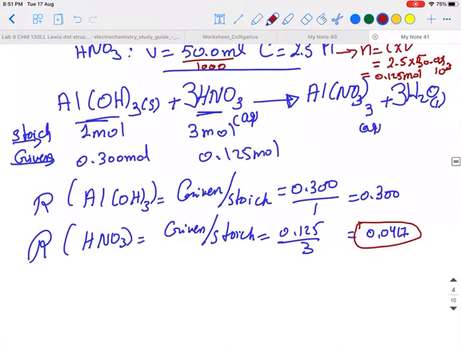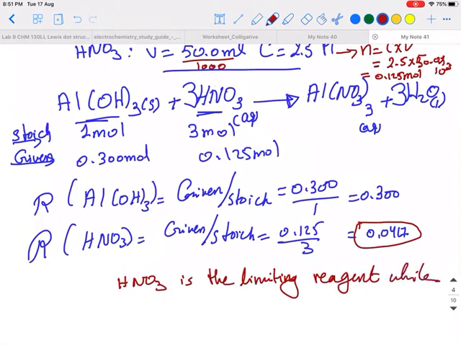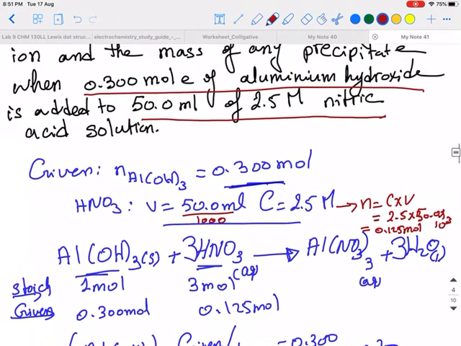Now we compare the ratios. The one with smaller ratio is limiting, so this is smaller ratio, it makes nitric acid the limiting reagent, while aluminium hydroxide is in excess.